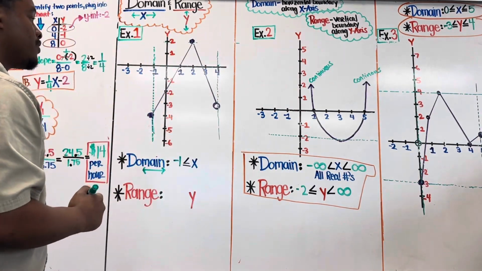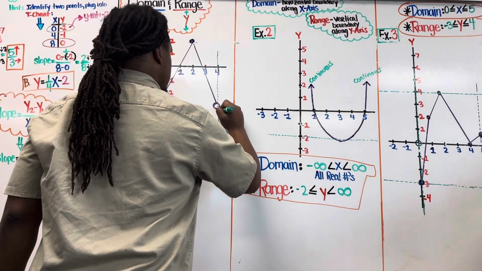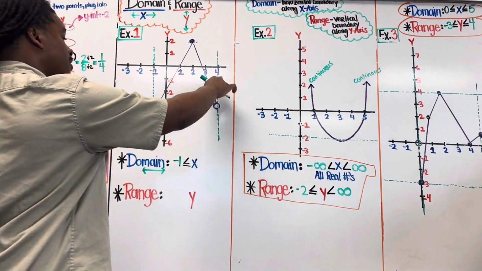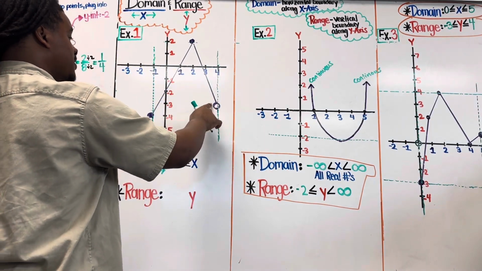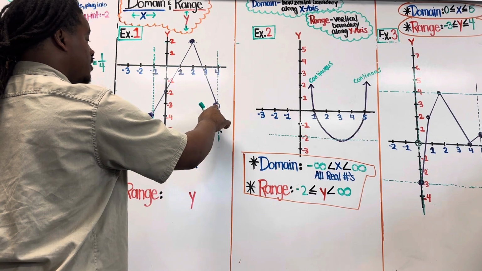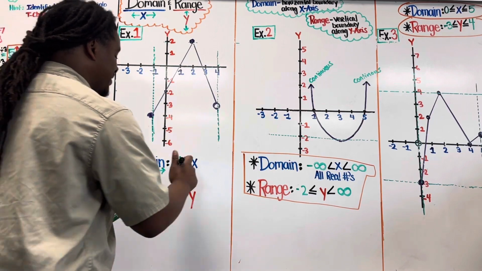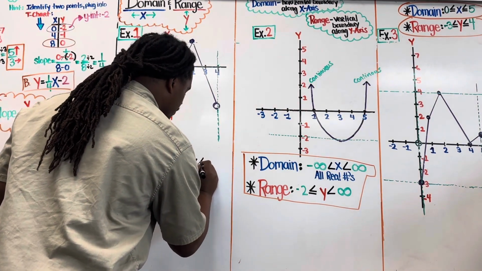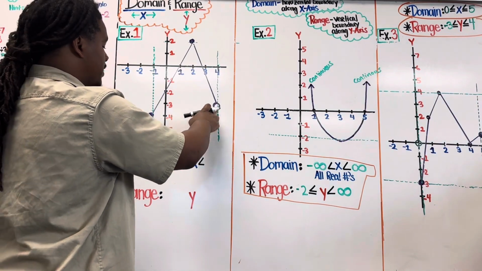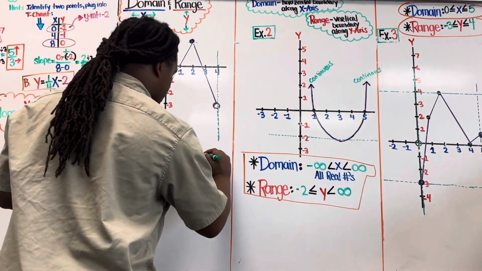If you notice, guys, the highest x could possibly be is close to 4. But this particular dot is unfilled. It's not shaded in. So that means that x can only be less than 4. It cannot equal 4. It could be 3.99999, but it cannot actually be 4, right?